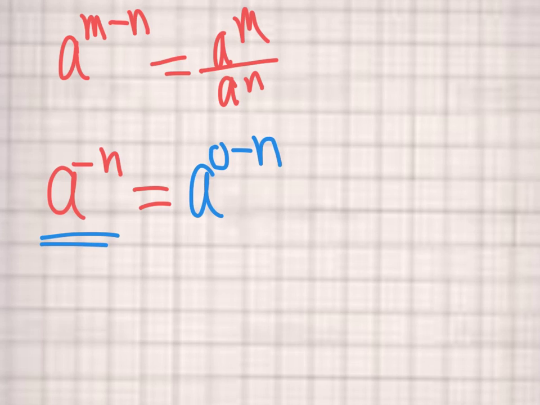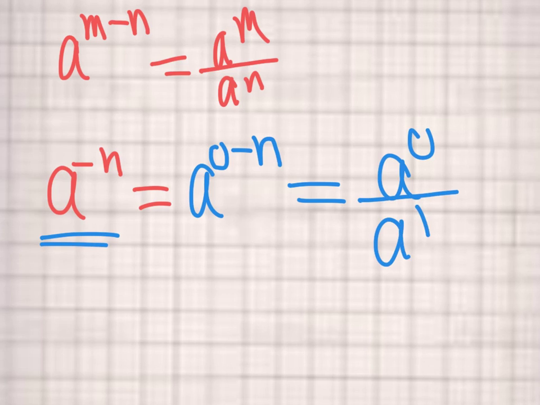Well, if I have a to the power 0 minus n, I can follow the same pattern as above, right? To rewrite it as a to the power 0 over a to the power n. Okay?